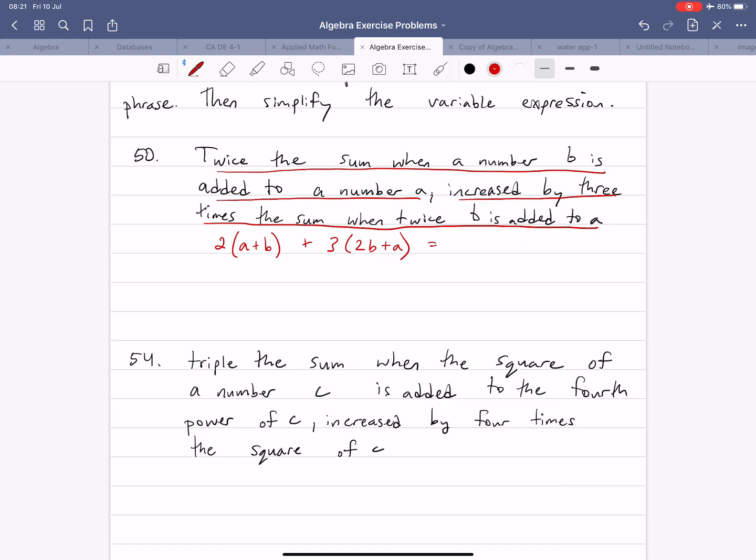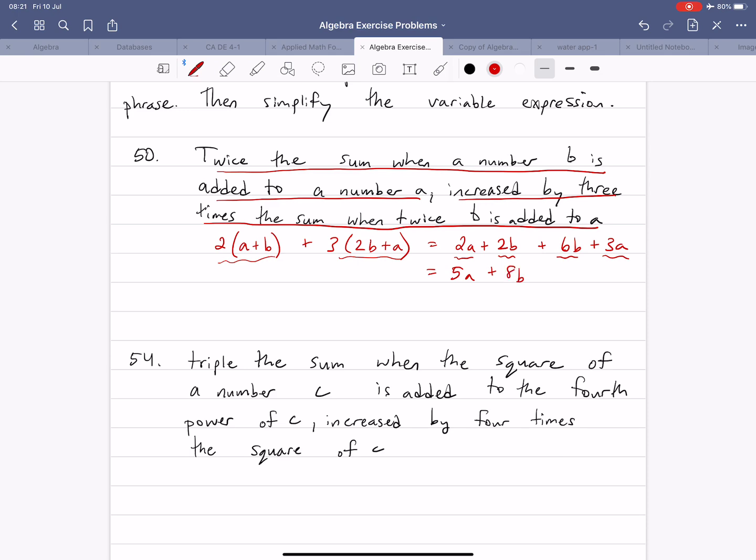So I will apply the distributive property to both of these two terms here, and I'll get 2a plus 2b plus 6b plus 3a. And then I'm going to want to combine these two terms together. That'll be 5a. And then I'll want to combine these two terms together, and that'll be 8b.